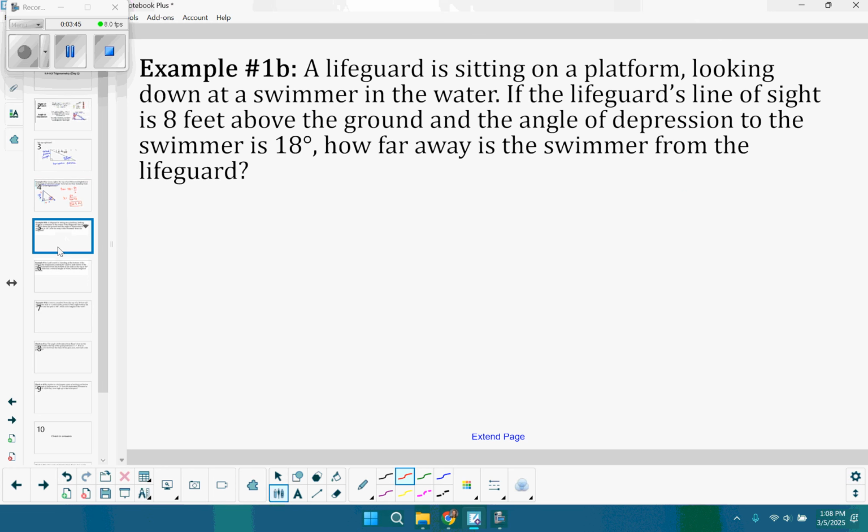Okay, let's look at example 1B. A lifeguard is sitting on a platform looking down at a swimmer in the water. If the lifeguard's line of sight is 8 feet above the ground and the angle of depression to the swimmer is 18 degrees, how far away is the swimmer from the lifeguard? So we have our right triangle. We have a platform 8 feet above the ground, so 8 feet high.